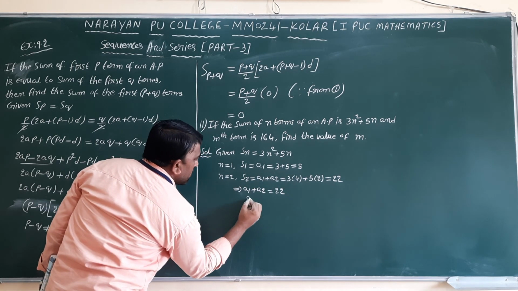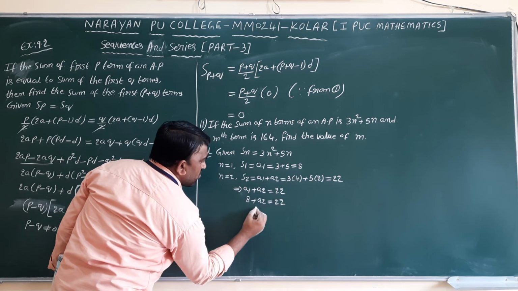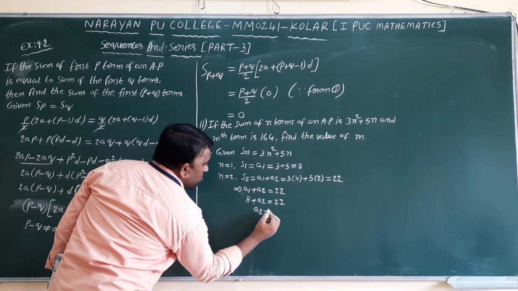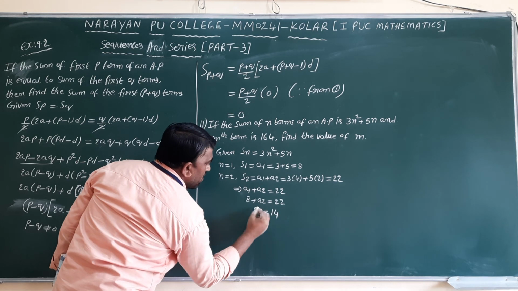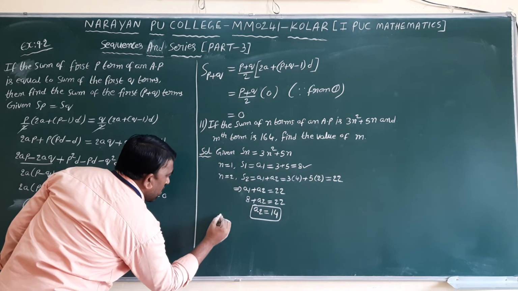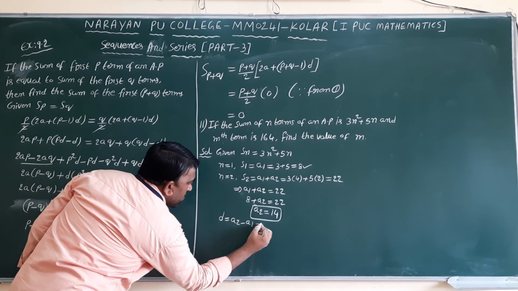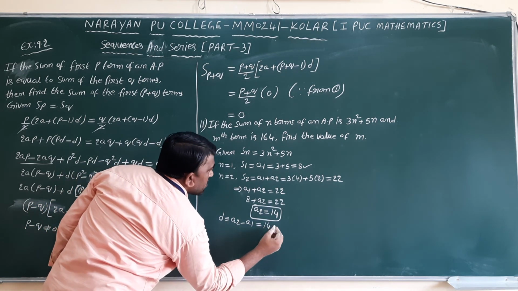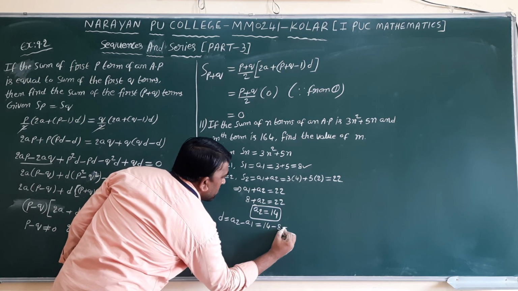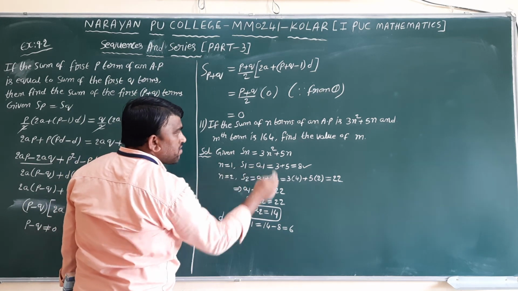A1 value 8, so A2 equals 22 minus 8, which is 14. So A2 value we got 14 and A1 is 8. Common difference D equal to A2 minus A1, 14 minus 8, 6 we got. Common difference and first term we got.